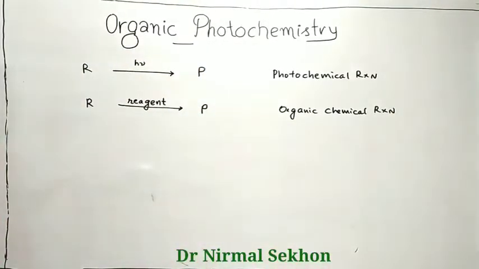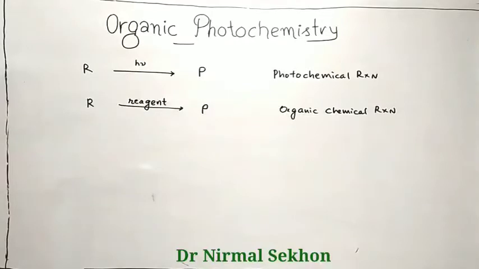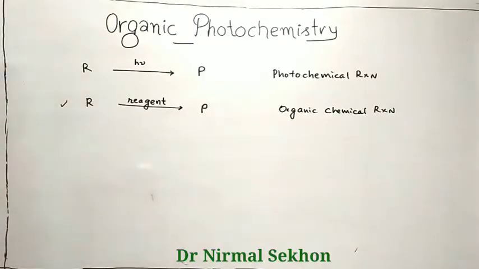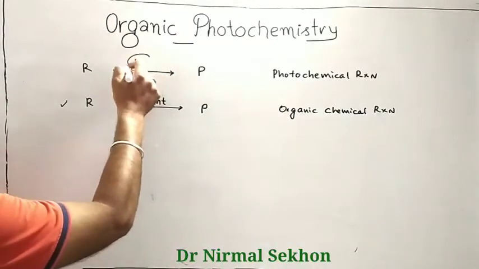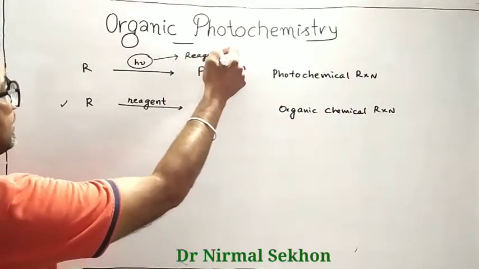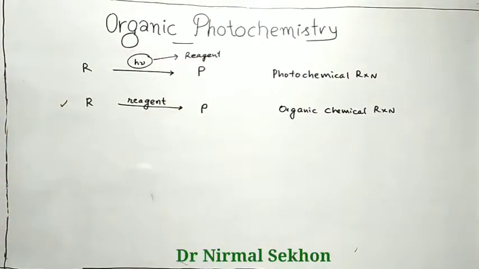Adding Br2 in the presence of CCl4, you will get 1,2-dibromoethane. Ethene is your reactant, Br2 is the reagent, and CCl4 is the solvent. Now in this reaction we have a reagent, but in a photochemical reaction, the light which we are using acts like a reagent. That's the difference between these two types of reactions.